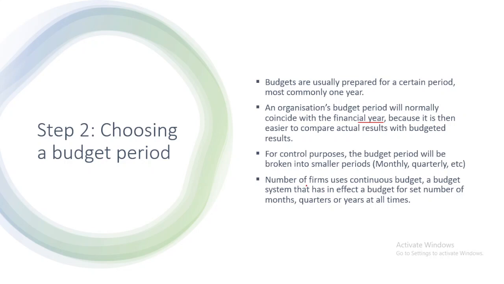It continues to say that a number of firms use continuous budgeting, a budget system that has in effect a budget for a set number of months, quarters or years at all times. When we choose the budget period, we also get to forecast a long-term budget, which the CFO or the audit committee will use, based on the current financial year budget, to adjust the future earnings or future cash flow of the company.